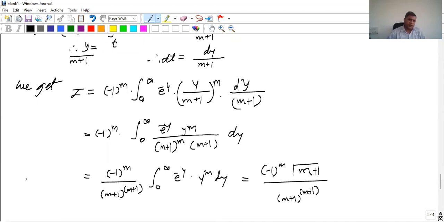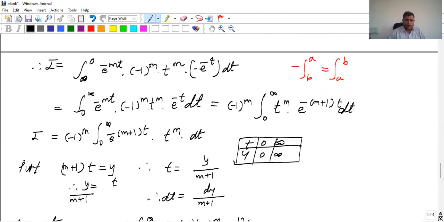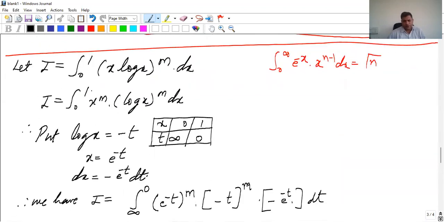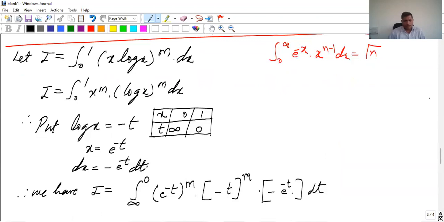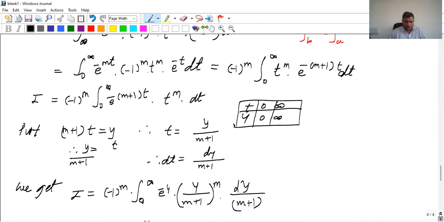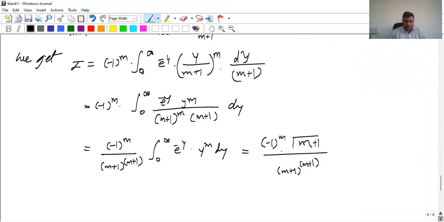Okay, so actually we had this integral 0 to 1, and then we converted it to gamma. So after converting to gamma, we are able to get this value.